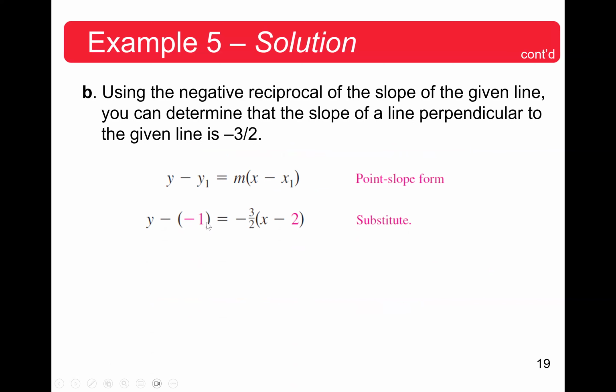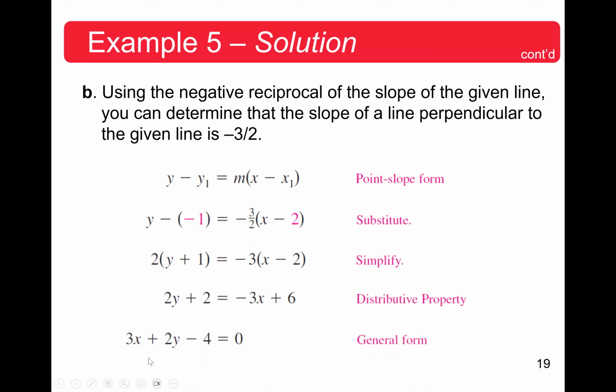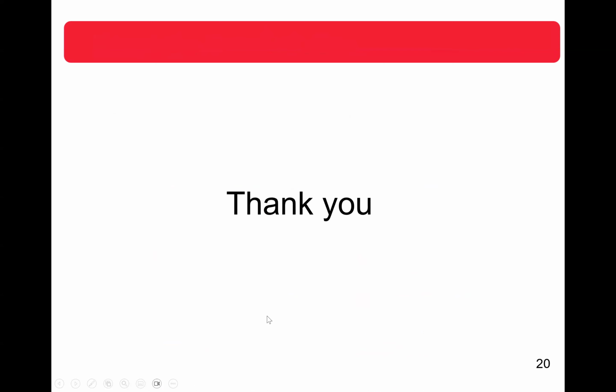We are using the same point, when x is 2, y is -1, with the slope from the equation given to us. We plug in and then we have the final solution, which will be 3x plus 2y minus 4. So that will be the conclusion of this lecture.